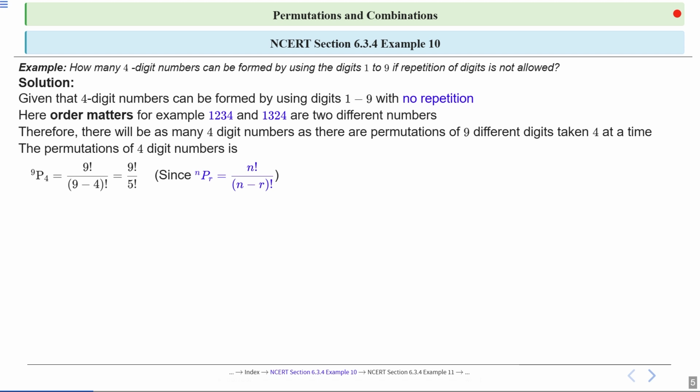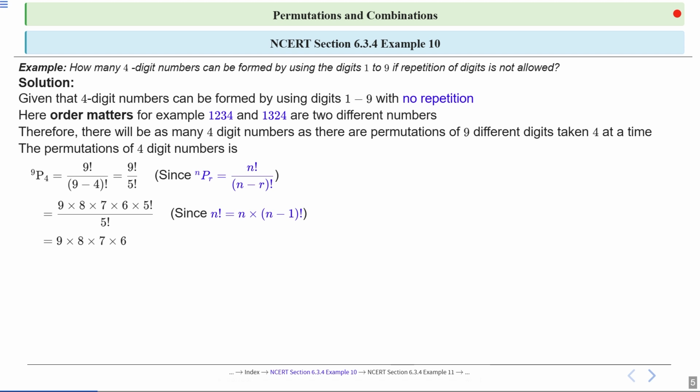This is equal to 9 factorial upon 5 factorial. Now we can write 9 factorial as 9 into 8 into 7 into 6 into 5 factorial, as we know n factorial is equal to n times n minus 1 factorial. Then we can simplify it and get the value of 9P4.